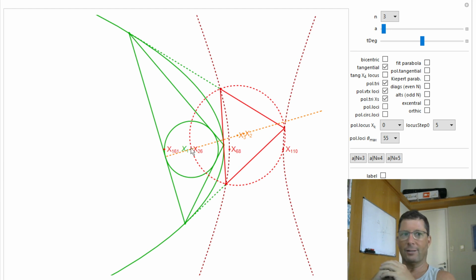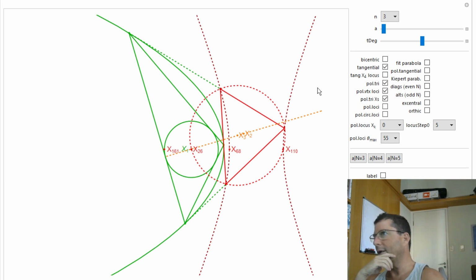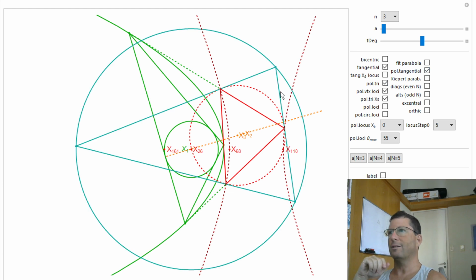What is X26 in Kimberling's list? It's actually the circumcenter of the tangential triangle to a reference triangle. So I could actually draw that. Here's another family of triangles which I haven't studied yet, but these are the tangential triangles to my polar triangles. And here's the circumcircle of the tangential triangle to my polars. And its center, you can see here, just eyeball it, X26 is the circumcenter of this guy.